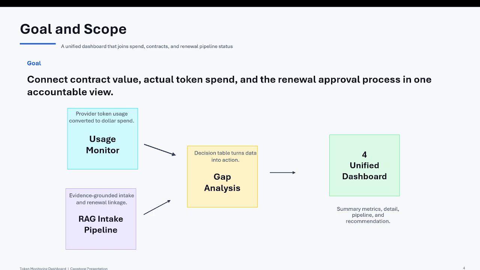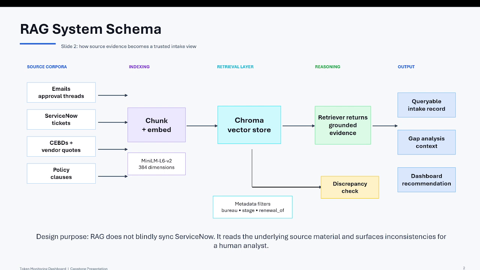We also need to know how much is in the pipe as contracts, what's coming, because this will replenish what's already been used. So that's the RAG. I'm using a RAG system for that. And then this combination goes into an agent that does a gap analysis between those two and produces the dashboard.